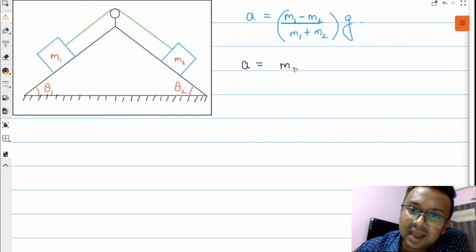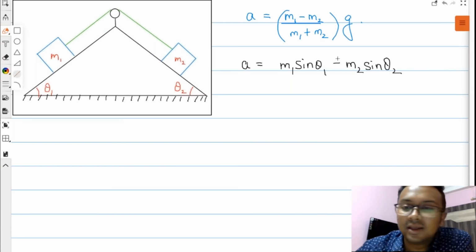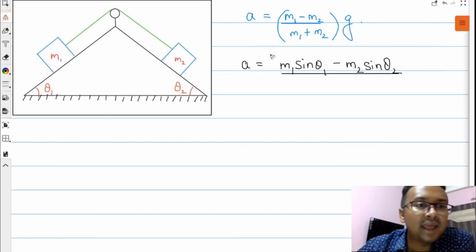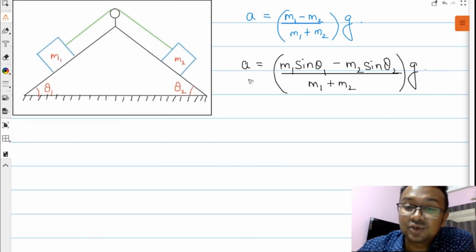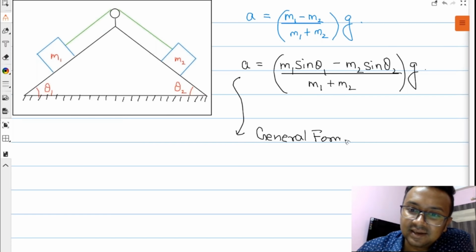So it is going to be M1 sine theta1 minus M2 into sine theta2, divided by M1 plus M2, into G. So students, this is the more general format of the equation.